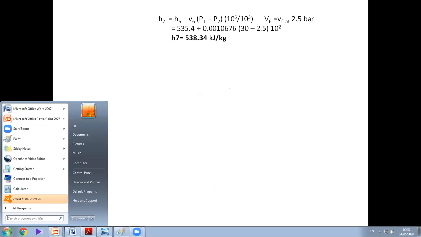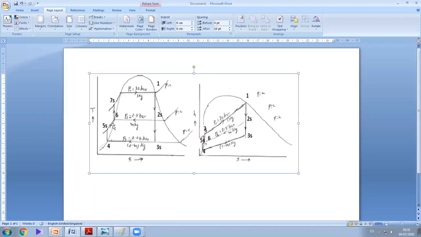Next, when I take the next pump work, it is from 6 to 7, pump work 2. From this, I will be getting the value of H6. H6 is nothing but HF at 2.5 bar. I'll just show the diagram. H6 is on the saturated liquid line.